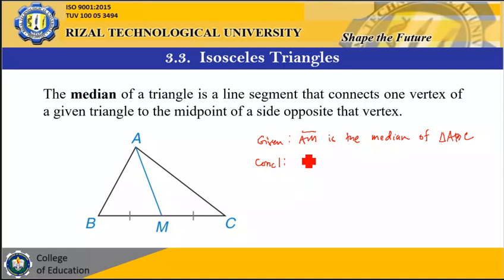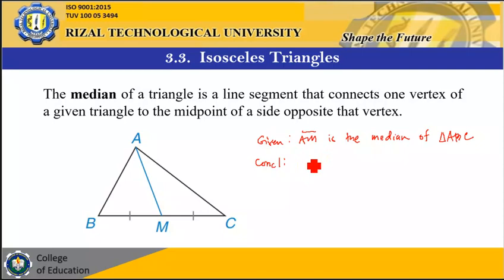If the median of a triangle acts like a bisector, and since the bisector passes through the midpoint of the side opposite the vertex, then it divides that side into two congruent segments.